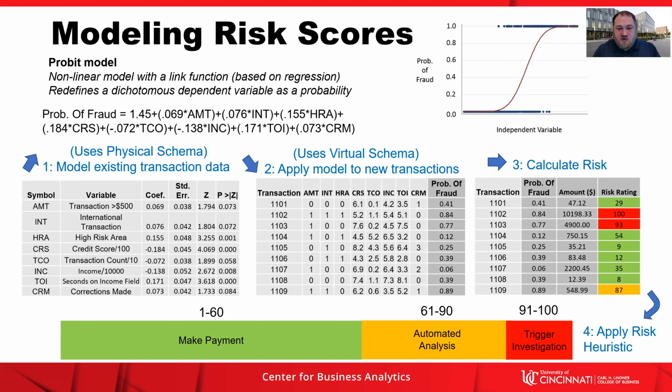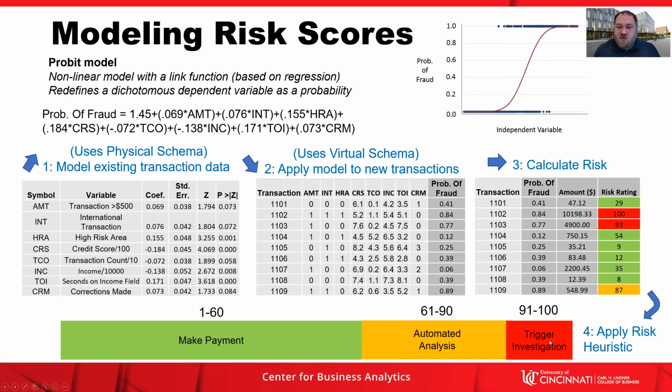So then you would take this virtually mediated schema, and then the next step is where you can actually start to apply your analytics, right? So you calculate some probability of fraud again, or apply your probit model to the virtually mediated schema from real-time transactions or near real-time.